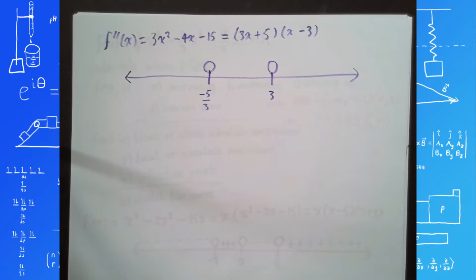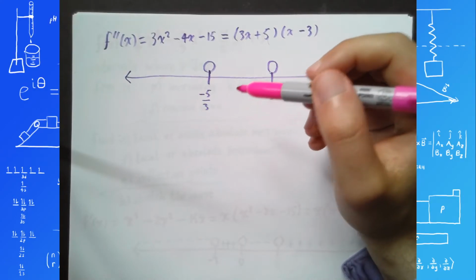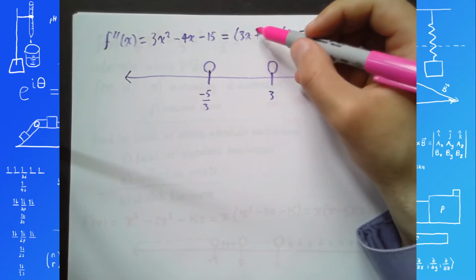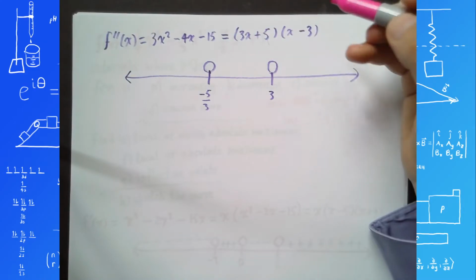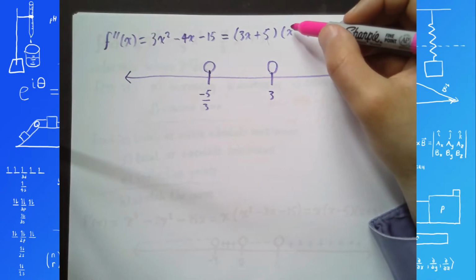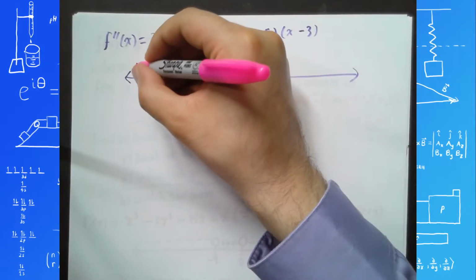And now we just test numbers around those zeros to see what we get. So let's test a number less than negative 5/3. How about negative 6/3, which would be negative 2? 3 times negative 2 is negative 6, plus 5 is negative, and then negative 2 minus 3 is also negative, so negative times negative is positive.